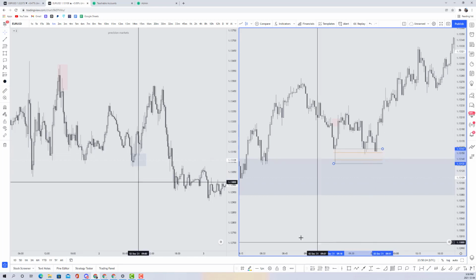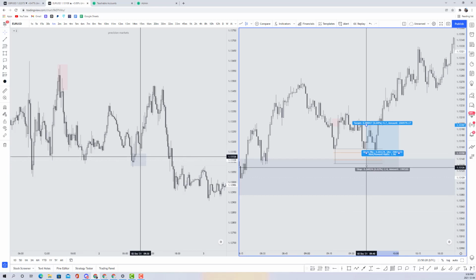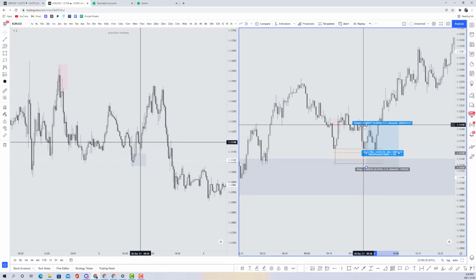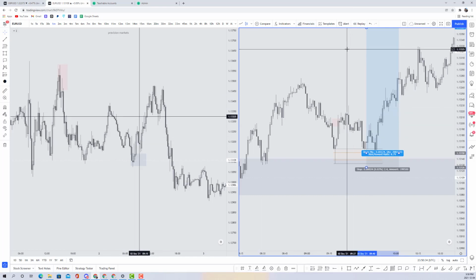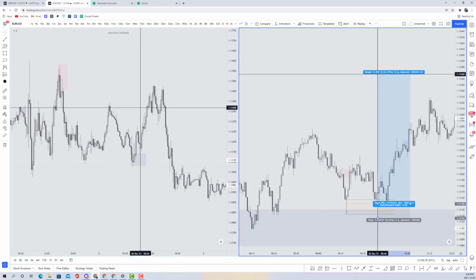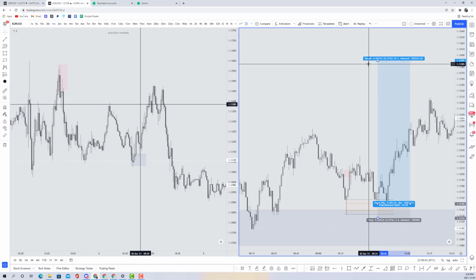Now, if you got in here, a little bit of a big stop. Oh, that's actually not bad, 2.4. And as long as you can run this 15-minute high and have at least a decent risk to reward there, as long as minimum 5R, it's always worth taking.